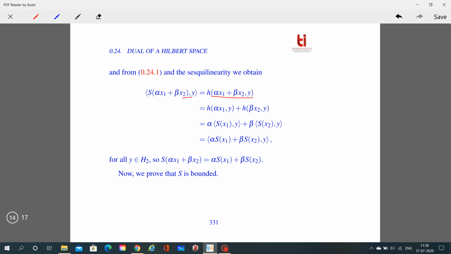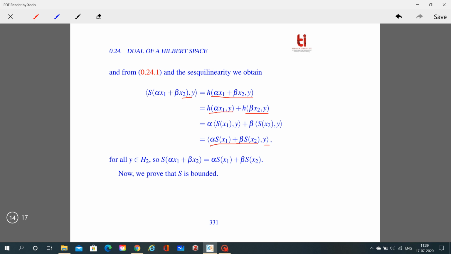This becomes h of alpha x1 comma y plus h of beta x2 comma y, which is equal to alpha times the inner product of Sx1 comma y plus beta times the inner product of Sx2 comma y. This can be written as the inner product of (alpha Sx1 plus beta Sx2) comma y.